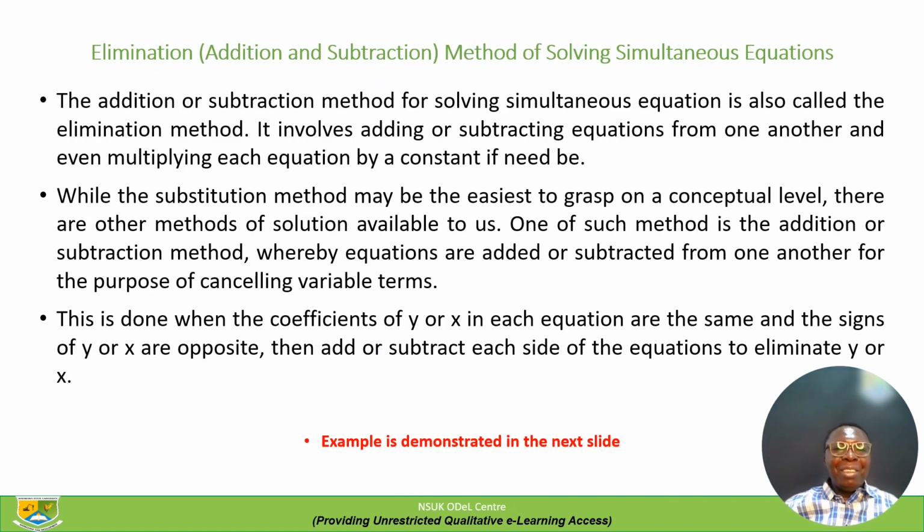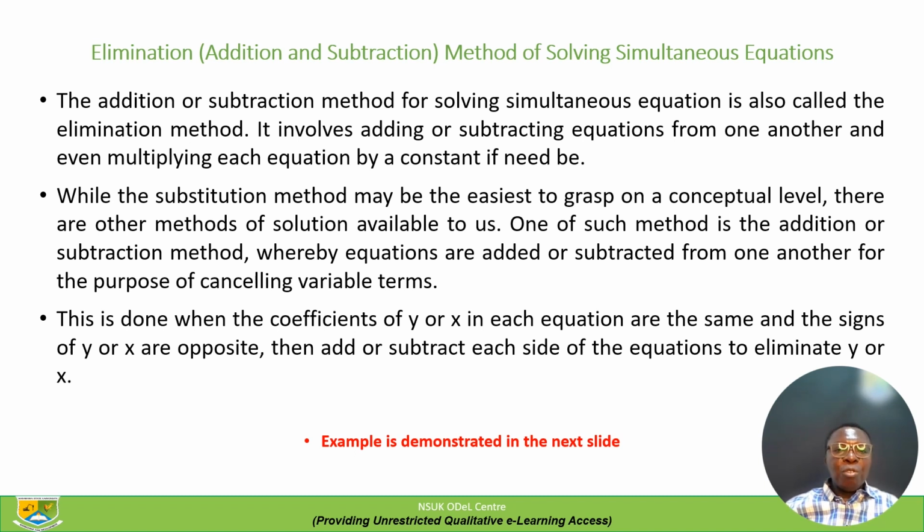So, the elimination, addition and subtraction method of solving simultaneous equations. The addition and subtraction method for solving simultaneous equations is also called the elimination method. It involves adding or subtracting equations from one another and even multiplying each equation by a constant if need be.